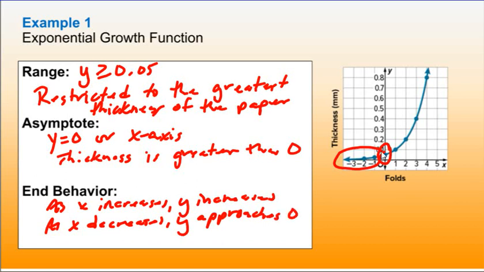And then the meaning of it, within the relevant domain: as the number of folds increases, the thickness of the paper is going to increase. So as folds increase, thickness increases.